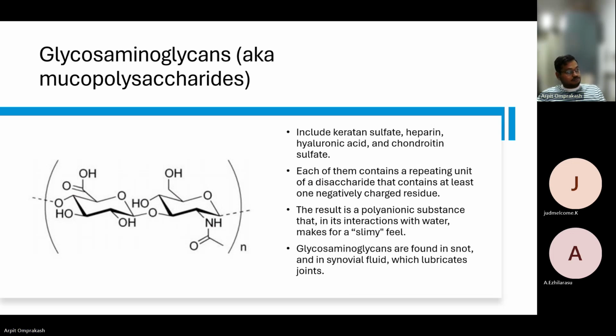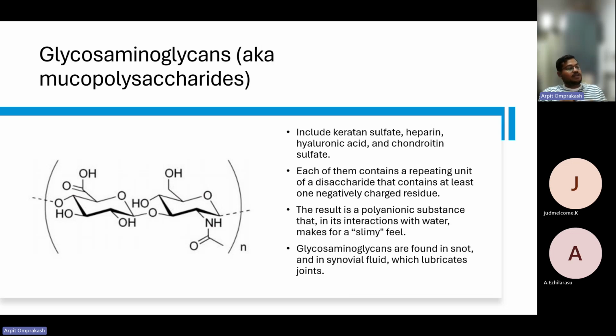Next, we have glycosaminoglycans, which are also called mucopolysaccharides. These include generally keratan sulfate, heparin, hyaluronic acid, and chondroitin sulfate. These basically contain a repeating unit of a disaccharide shown here, which has at least one negatively charged residue.